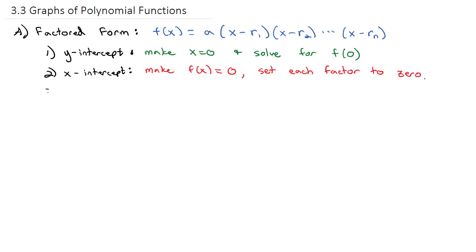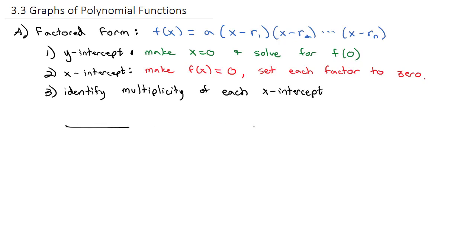The third thing we're going to do is identify the multiplicity of each x-intercept. At least for the sake of our class, one of three things is going to happen at the root, which we're going to call r here.